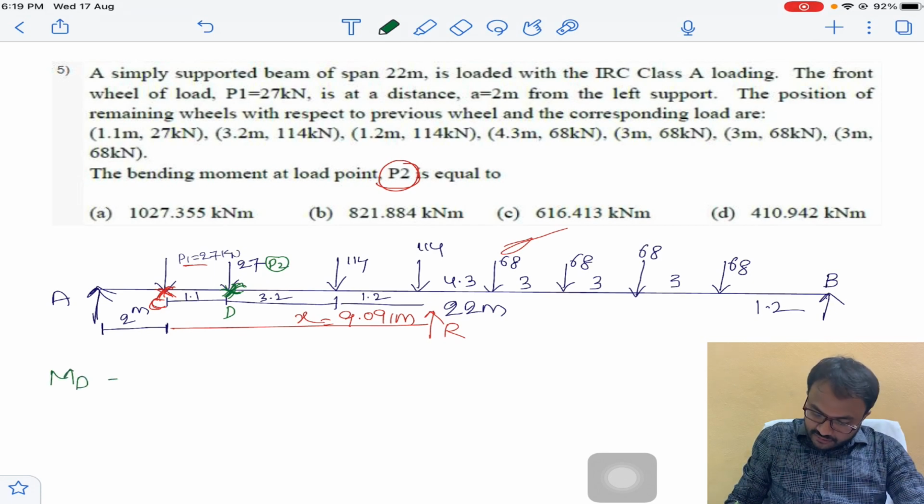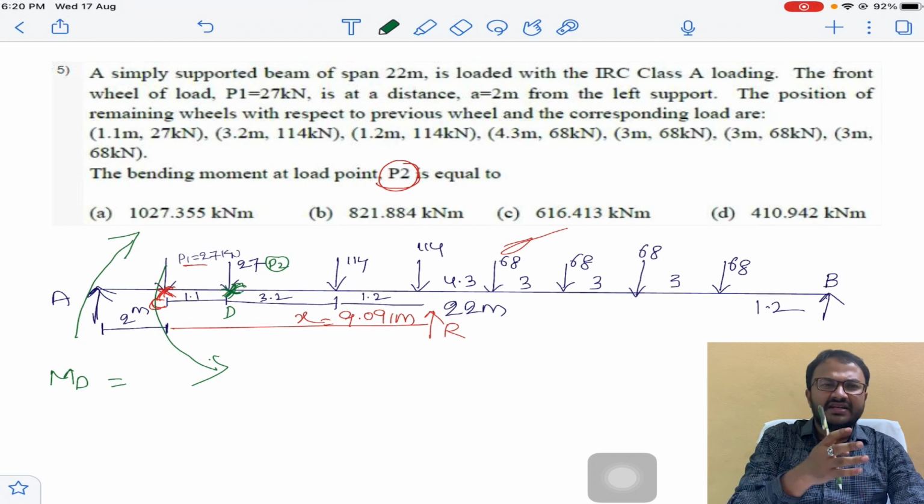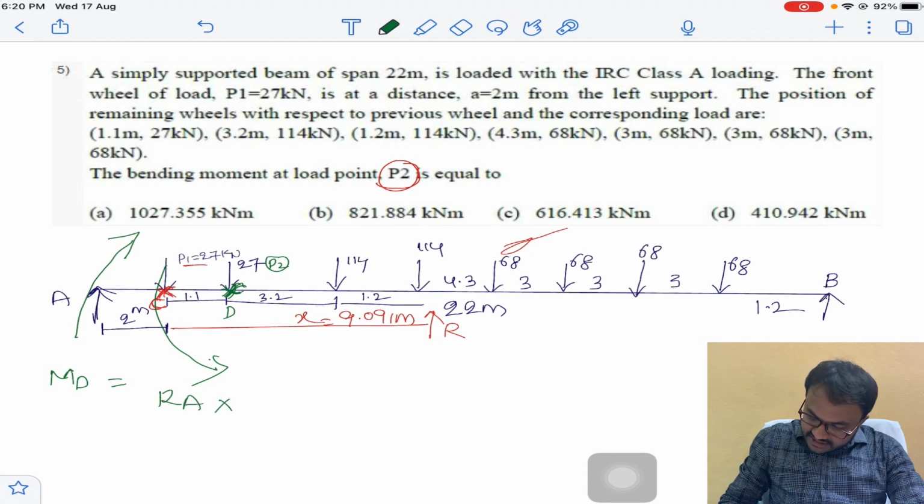So bending moment at D is equal to, so this RA will create clockwise and this is anti-clockwise. We can calculate bending moment either from the left or from the right. On the right of point D there are so many loads, so we will not consider that. On the left, one reaction and one load. So this RA into, what is the distance? 2 plus 1.1, minus 27 into 1.1.